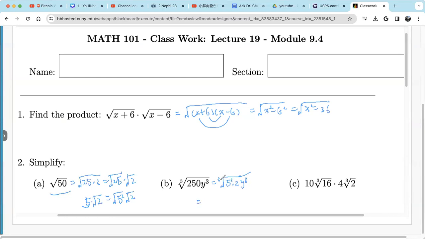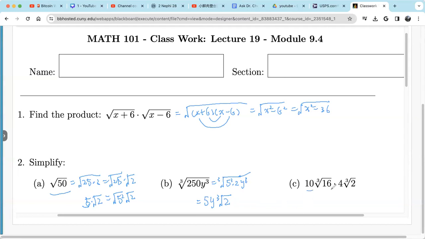Now 5 raised to 3, cubed, so that becomes 5. y cubed, cubic root becomes y. But we still have cubic root of 2. So 2 is still inside the cubic root sign. So B simplified to be 5y cubic root of 2.